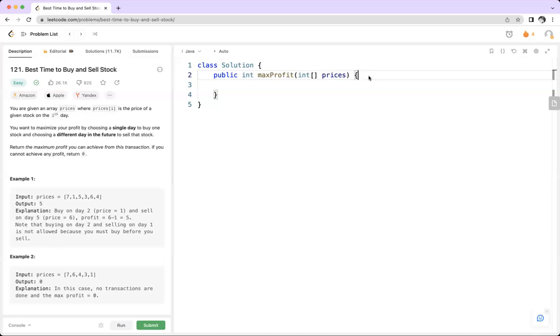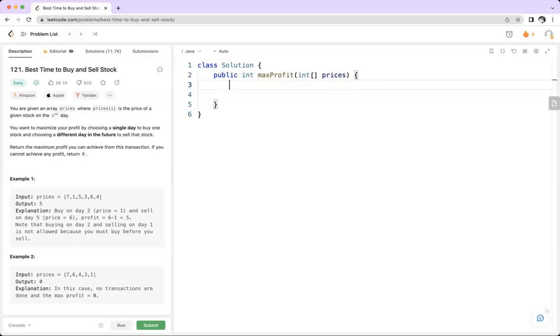So on one day we are buying the stock and on a future day we are selling it. Only two actions we have to do. One day we have to buy the stock, we can buy it on any day, but only on the days after that we'll have to sell it.